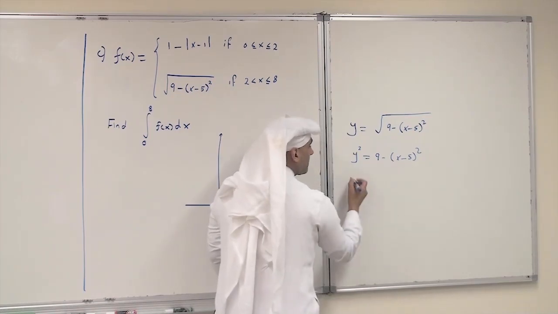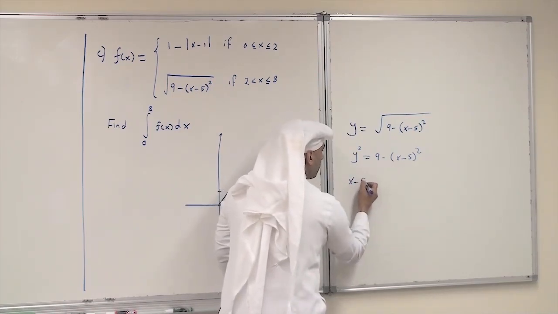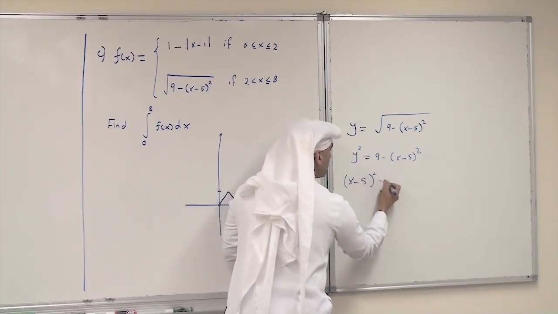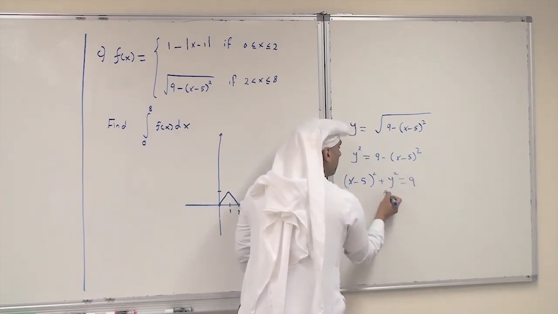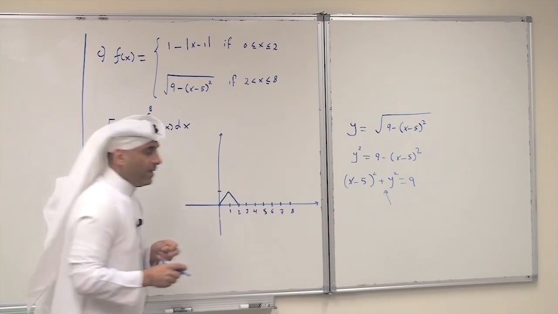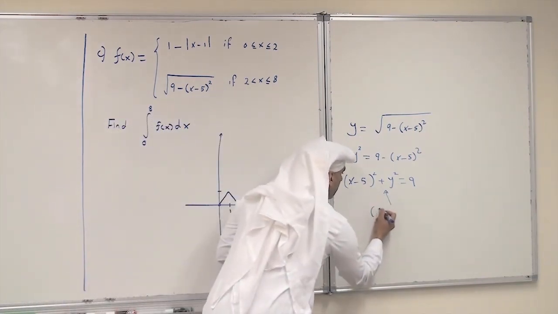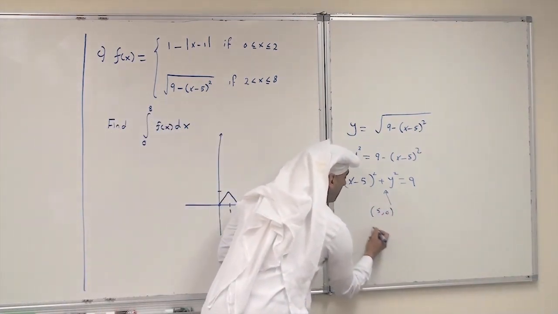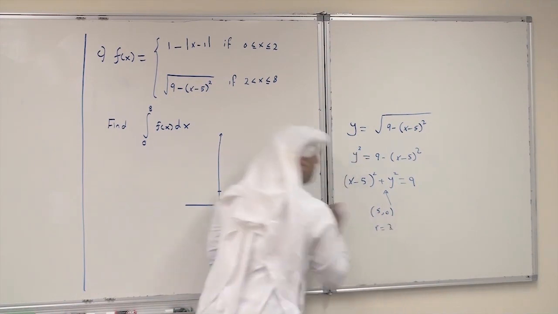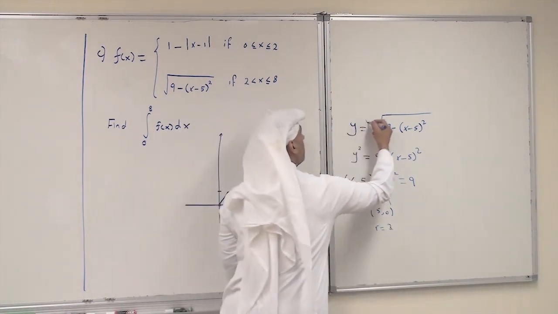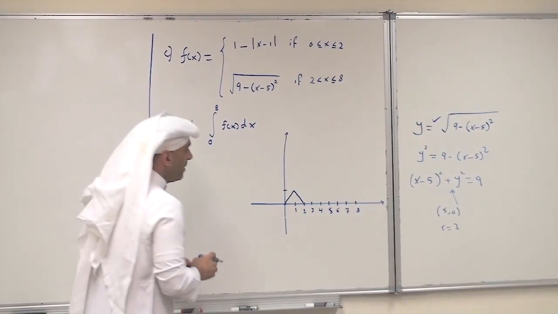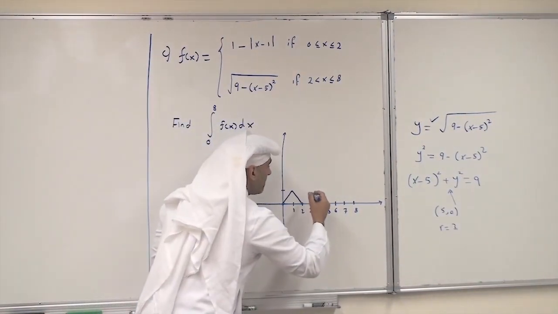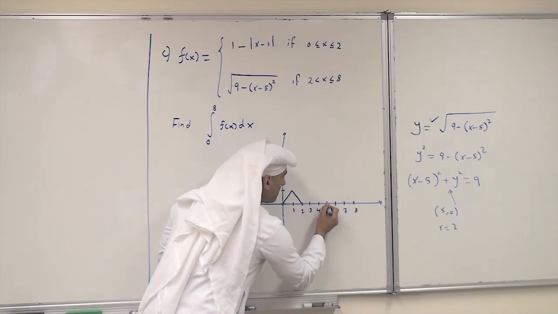Taking this to the other side, we have (x minus 5) all squared plus y squared equal to 9. Clearly, this is the equation of a circle. Okay? And the center of that circle will be (5, 0), and the radius is equal to 3. We are choosing the positive part of y, so y is greater than or equal to 0, the non-negative part of that. So what we have here actually is a semicircle whose center is (5, 0).